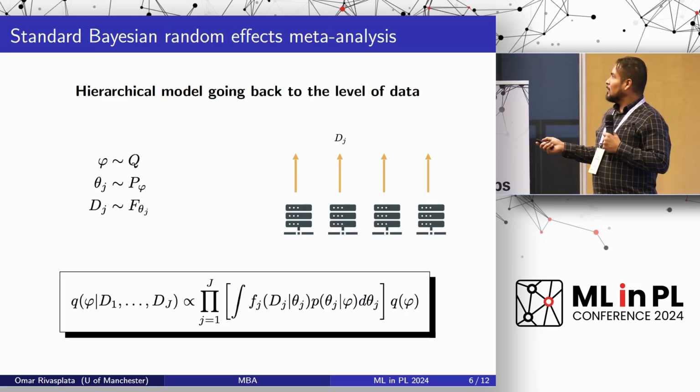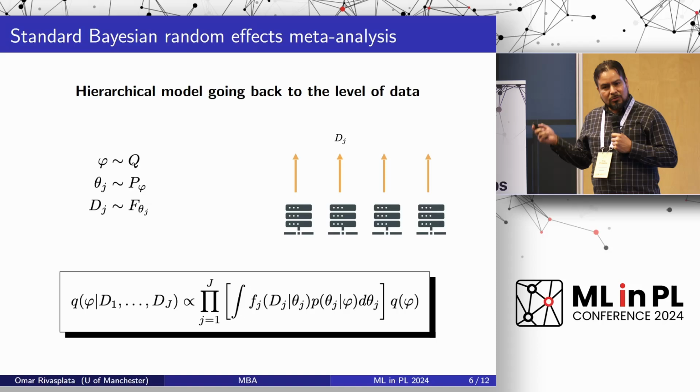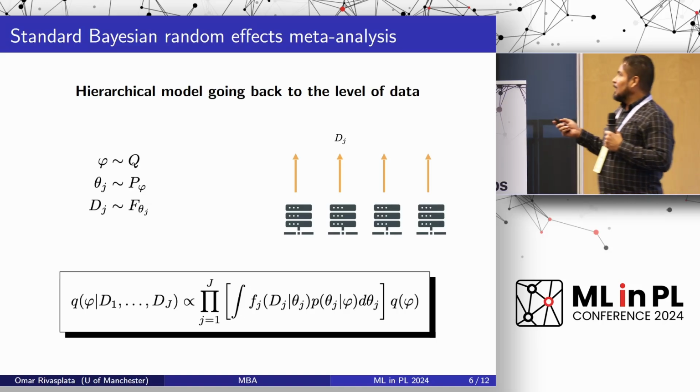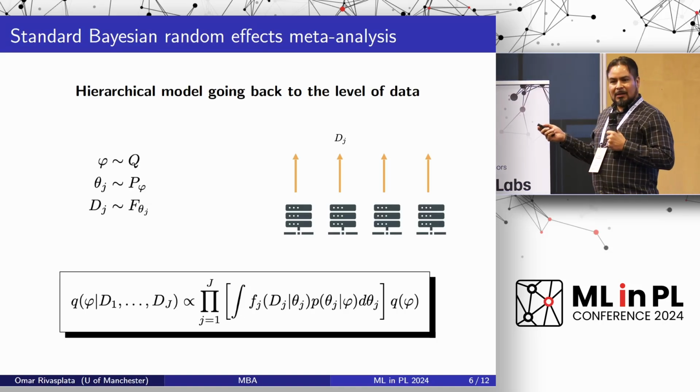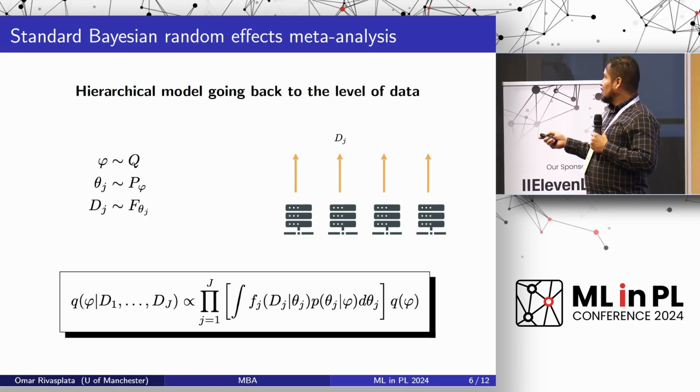And then in this work, and this is a little bit of an example just to give you an idea, there is a Bayesian approach to do meta-analysis, and that Bayesian approach is typically based on hierarchical modeling. Here is the quick description.